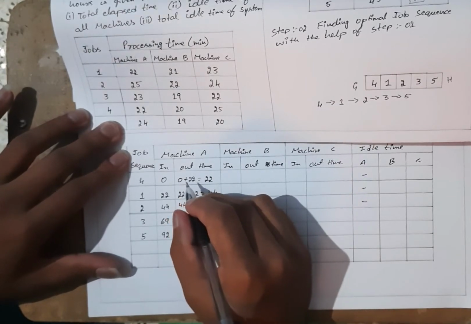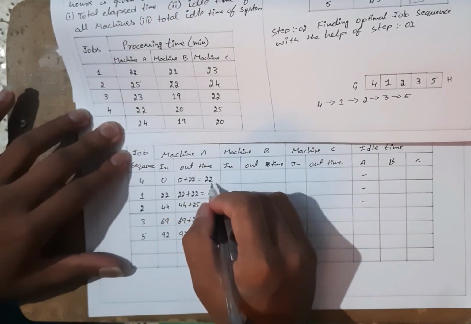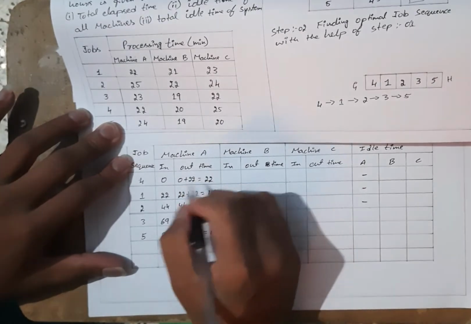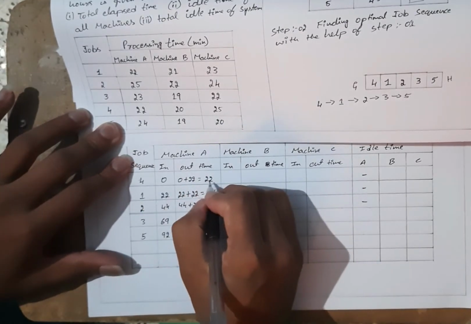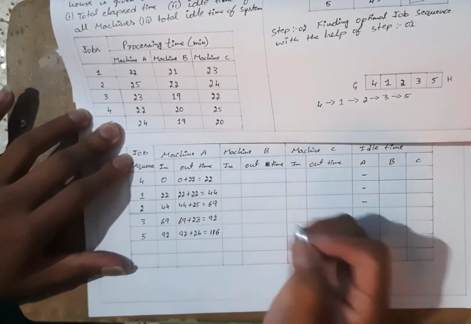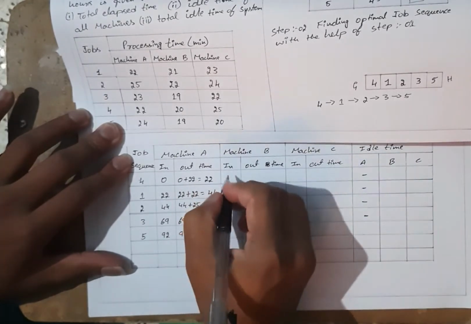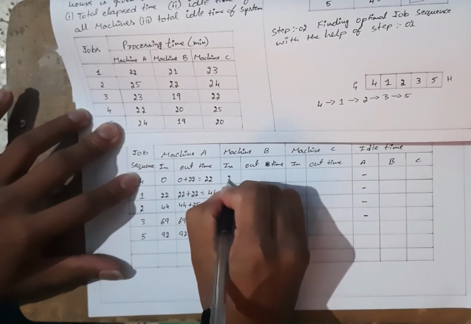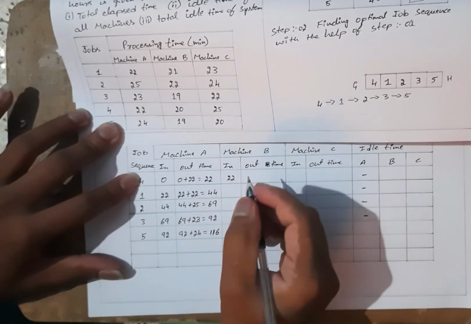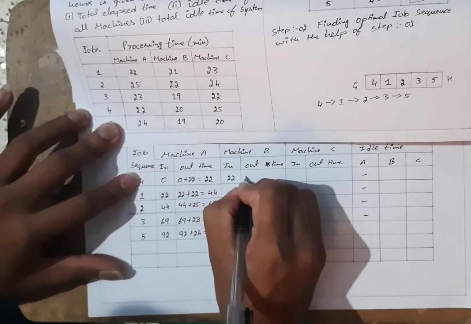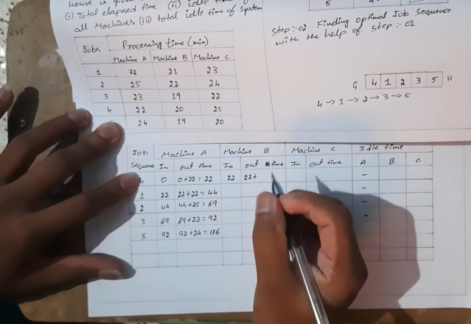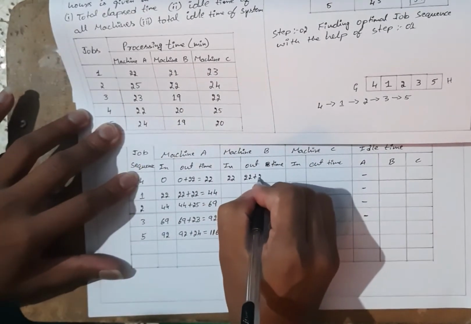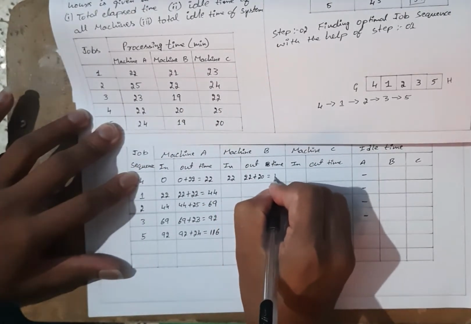Previous machine, whose out time has come, machine A has completed at 22, job number 4. The same value is the in time for machine B, job number 4: 22 plus job number 4, machine B, 20, is 42.